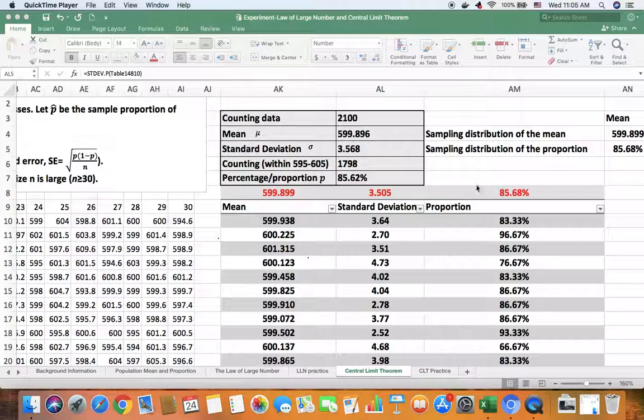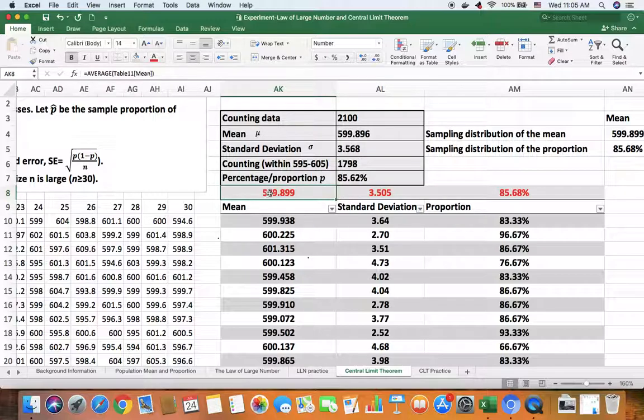And these red values are the average of this column of data. This column of data is referred to as the sampling distribution of the means. The mean, you look at the formula, is the mean of this column of data.